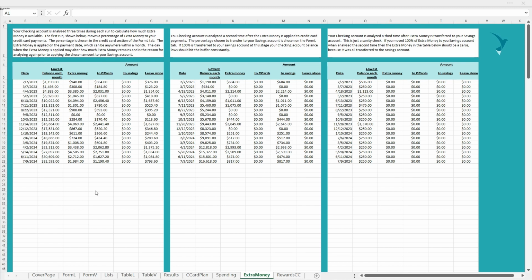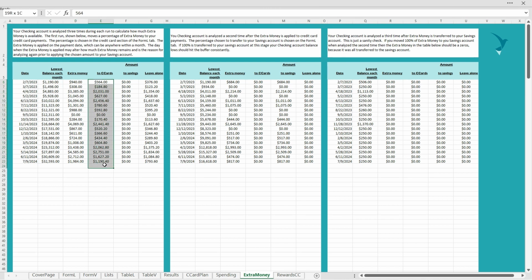The extra money tab is showing the results of the analysis from the table. And basically it's looking for the lowest balance each month. Then it calculates how much extra money is available while also looking up to 6 months ahead to verify that money isn't needed for other bills in the future.